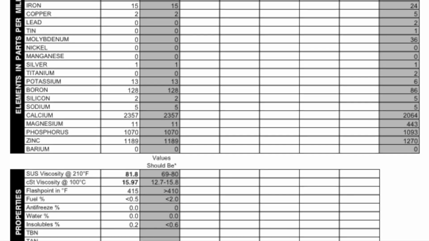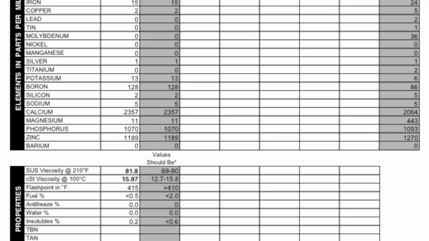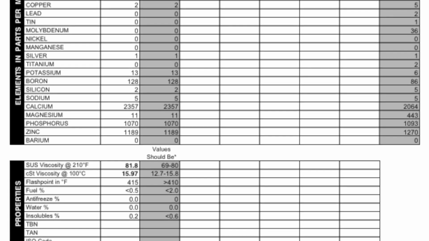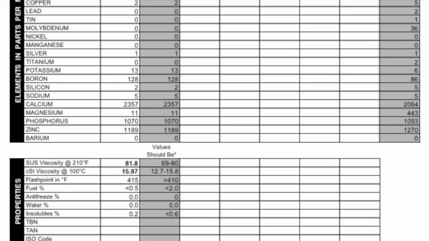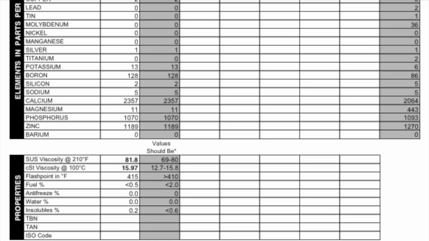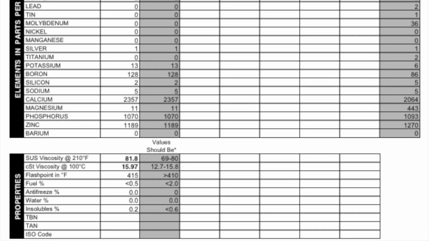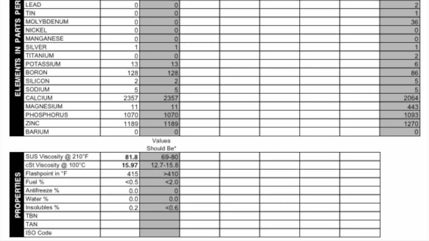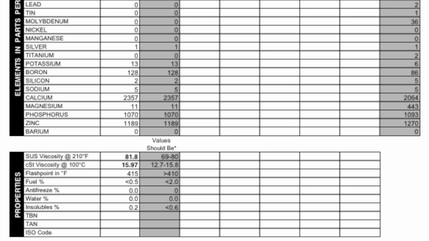In my case, having fuel in the oil would be an indication of a leaking fuel injector in the engine. If you have antifreeze, you could have issues like a warped head in diesel engines, or in modern diesel engines with EGR coolers, antifreeze in the engine could mean a failure of your EGR cooler.